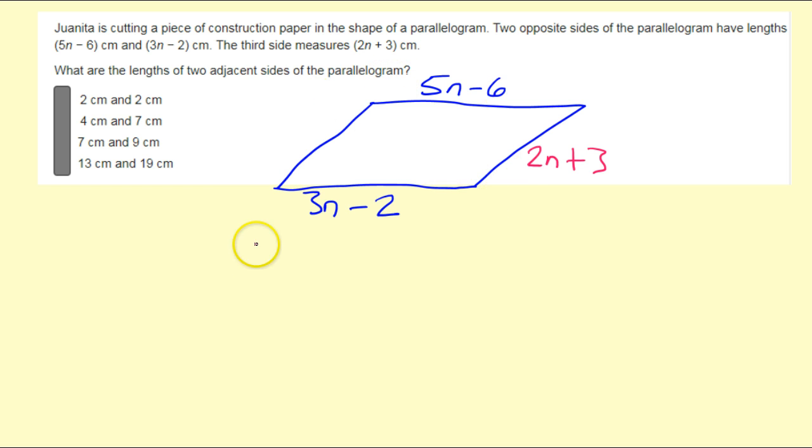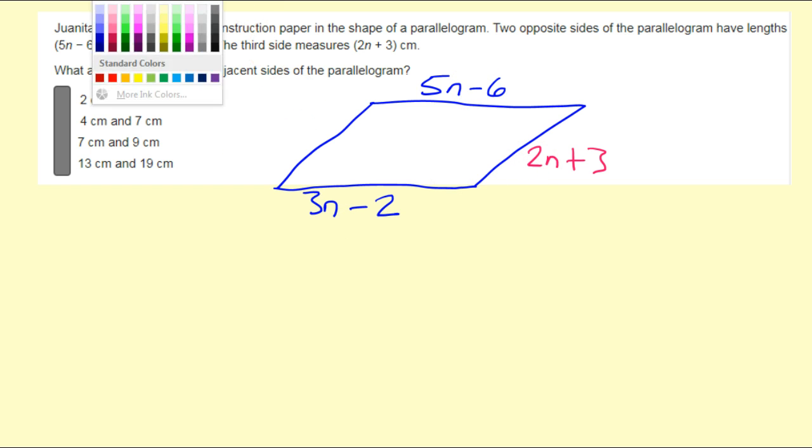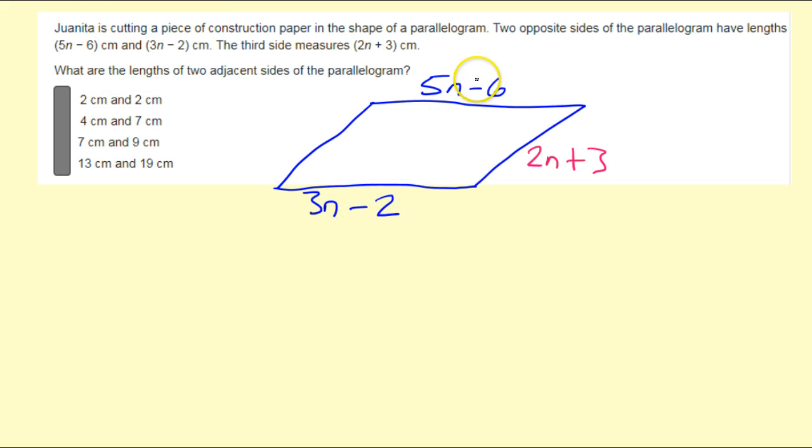So first of all, let's find the length of all of these sides. How are we going to do that? Well, the opposite sides of a parallelogram are equal. So that means the 3n minus 2 must equal the 5n minus 6.